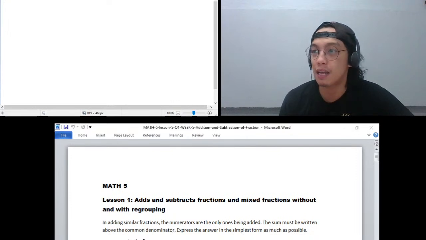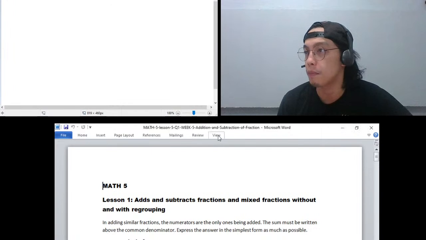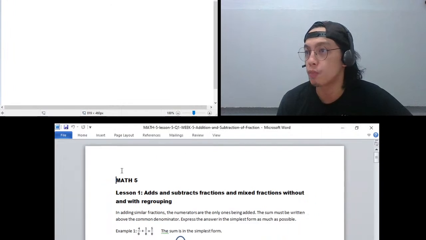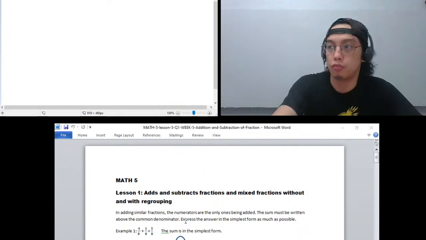So, adds and subtracts fractions and mixed fractions without and with regrouping. Can you see that properly? On Zoom.